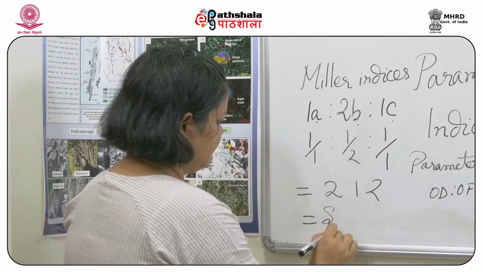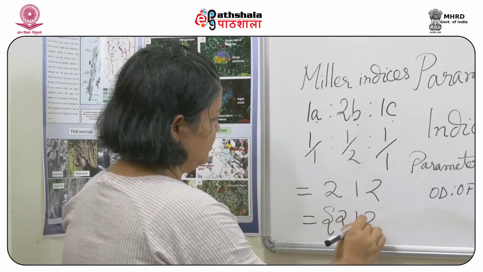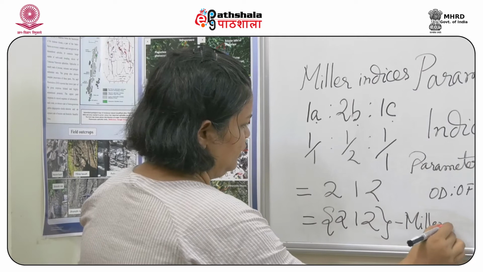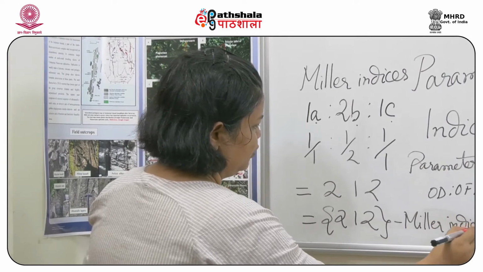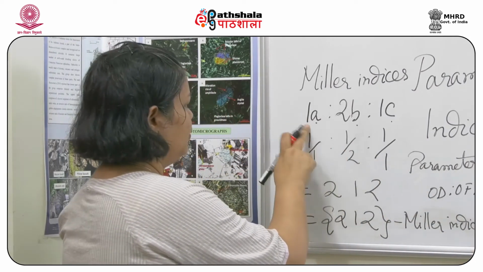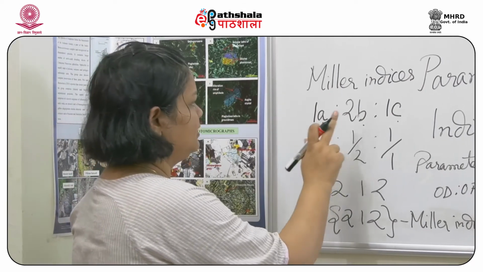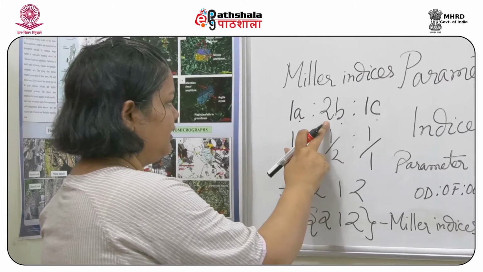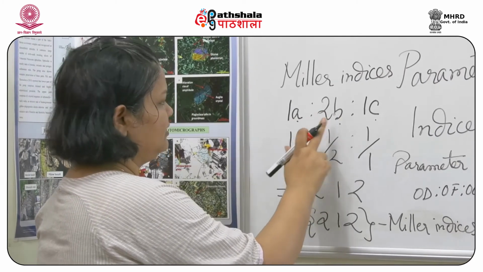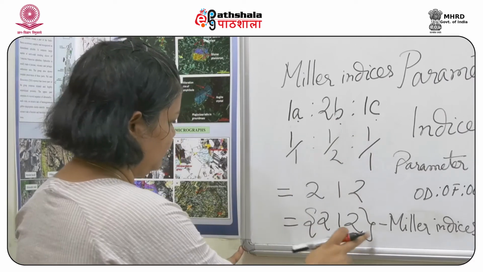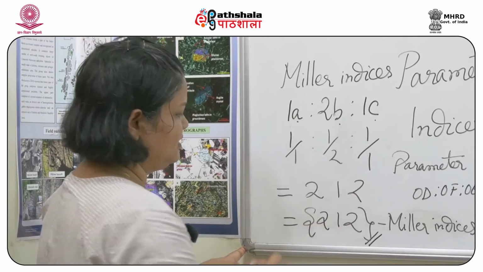This we represent in brackets, which is what is given as the Miller indices of a face which has an intercept of 1 unit distance in the A crystallographic direction, intercepts the B axis at 2 unit distance, and intercepts the C axis at 1 unit distance. So this is the Miller indices for such a face.